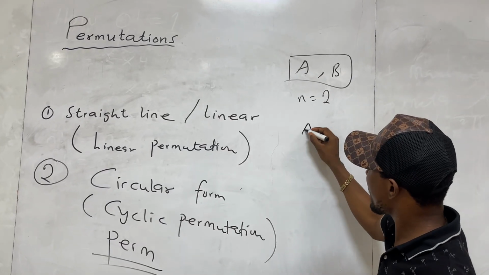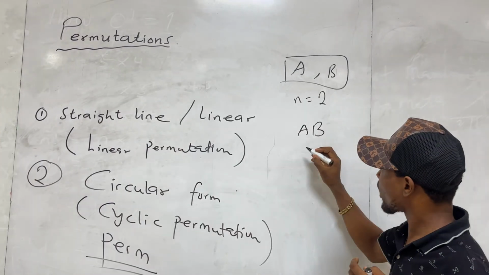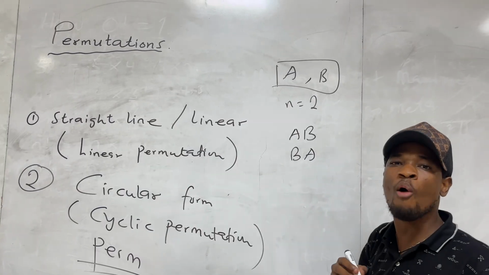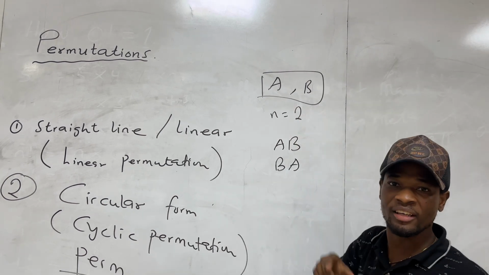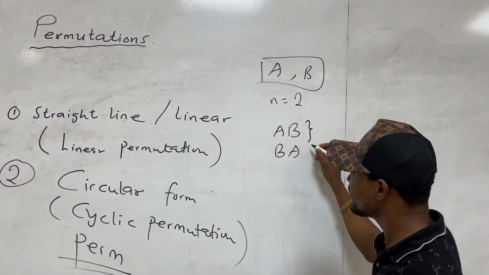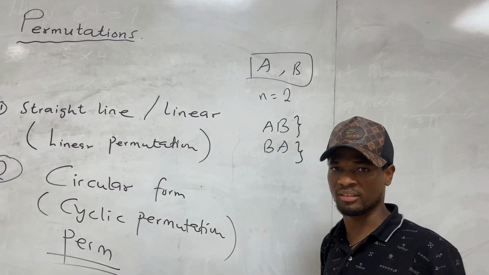I can say A and B, and I can also say B and A. So the number of ways you can arrange these items A and B is two different ways: I have A, B, and I have B, A. That's what we call permutations.